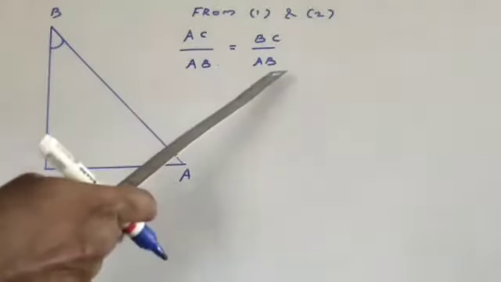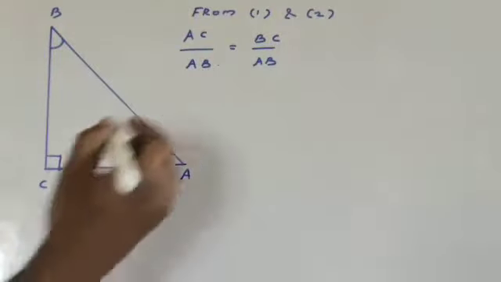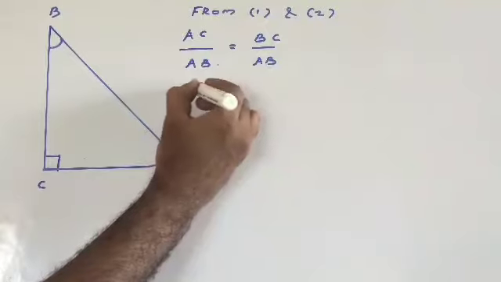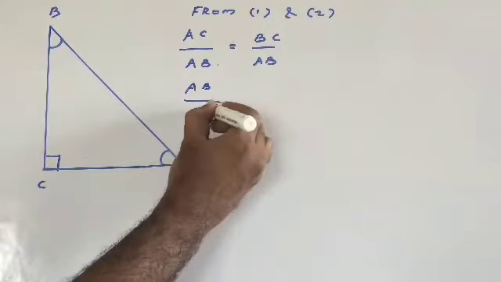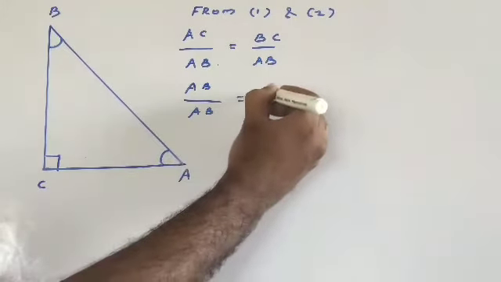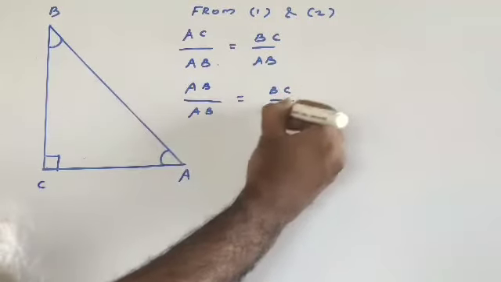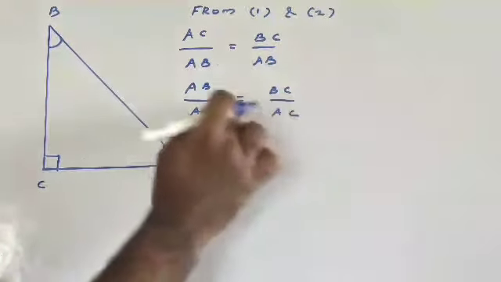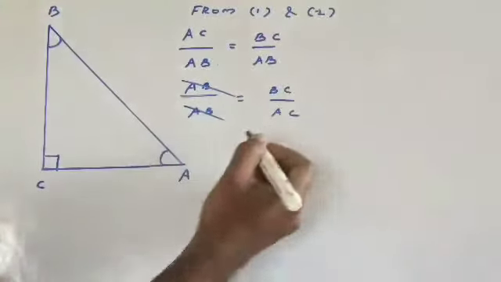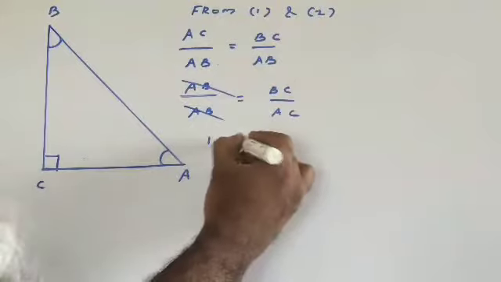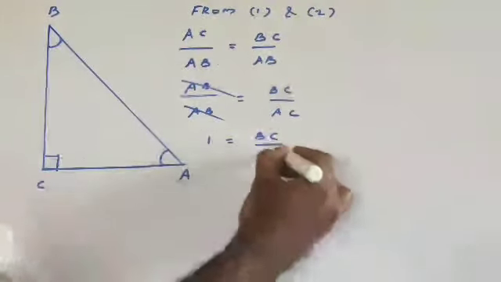Now cross multiplying AB and AC, we get AB by AB equal to BC by AC. Now we can cancel AB and AB. So 1 equal to BC by AC.